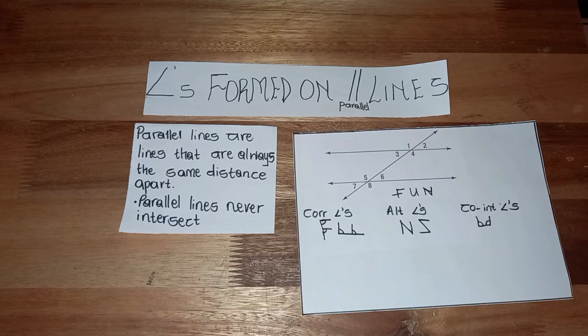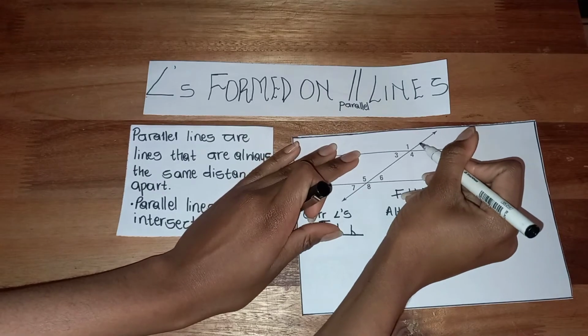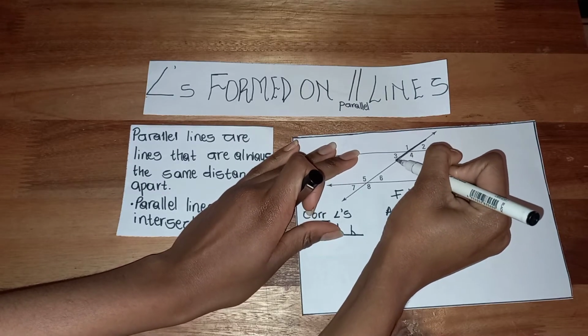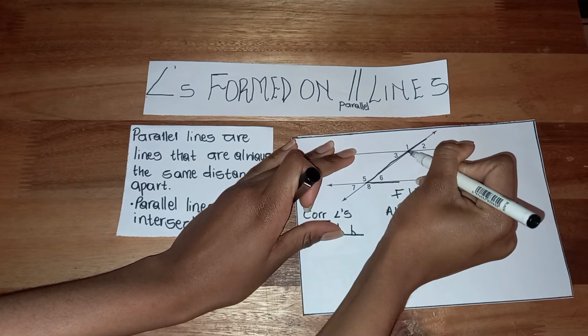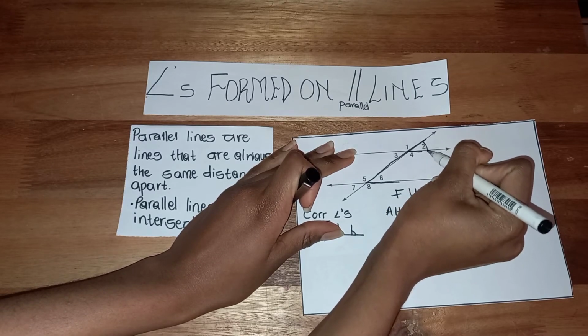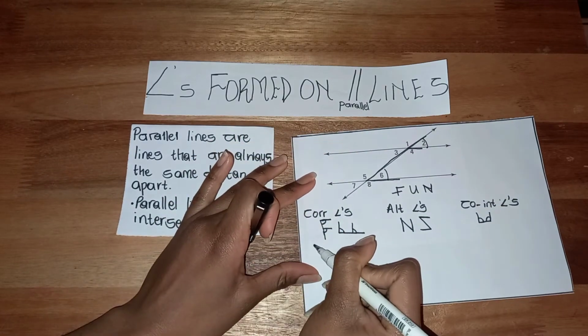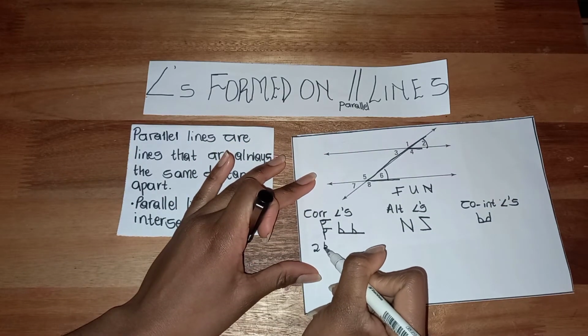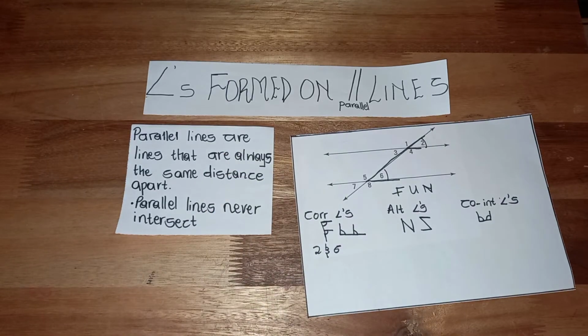So corresponding angles, let's find them. Number one, corresponding angles, again now we are drawing our F. We can see that 2 and 6 are corresponding angles. 2 and 6. So what does it mean to have corresponding angles? Corresponding angles are equal.